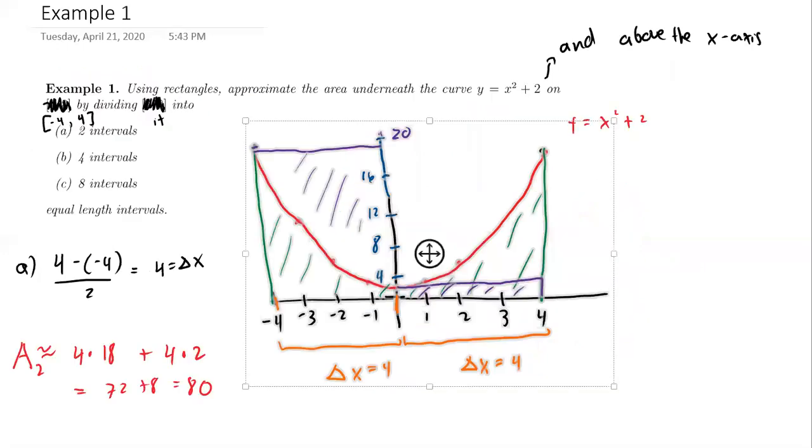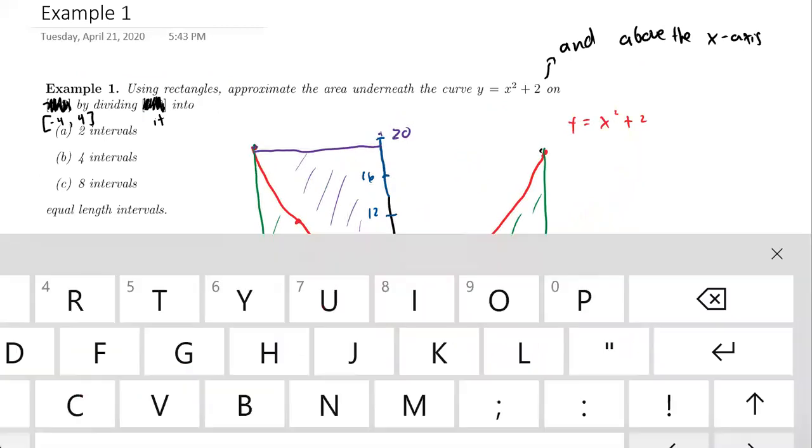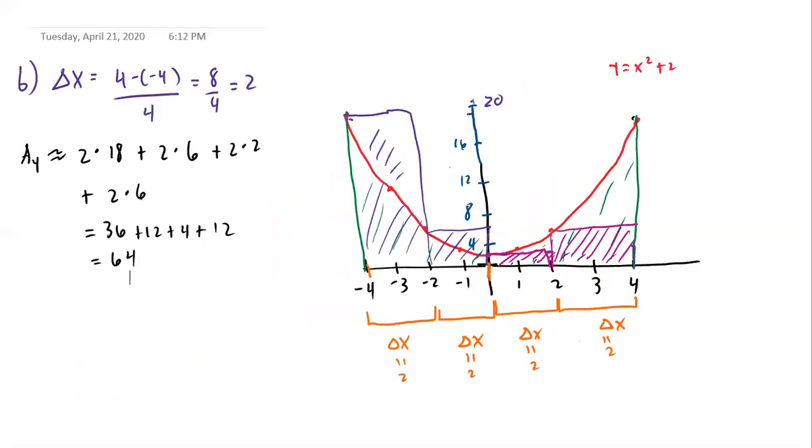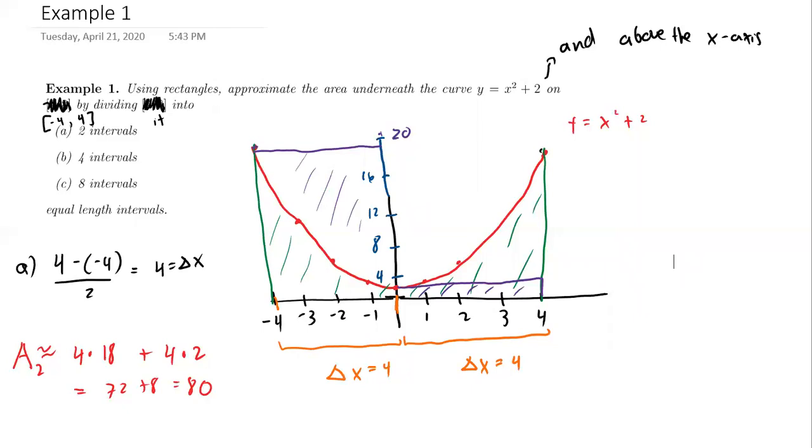Now, if you look at the pictures, which one do you think is more accurate? Look at this approximation with 2 subintervals. Look at this approximation with 4 subintervals. Well, it definitely seems like they're both off, obviously, but it seems like the one that's closest to the actual area is the one with 4 subintervals, right?